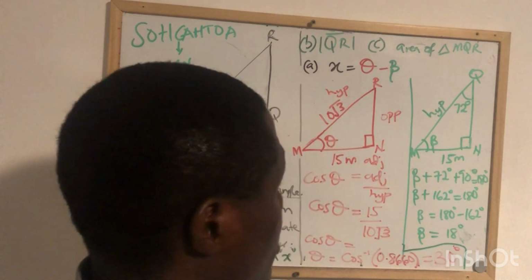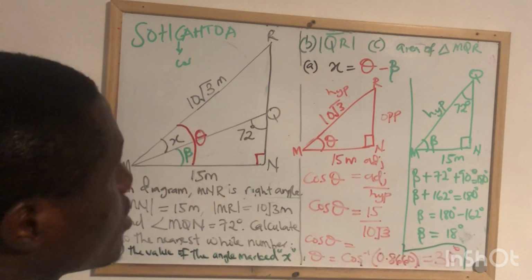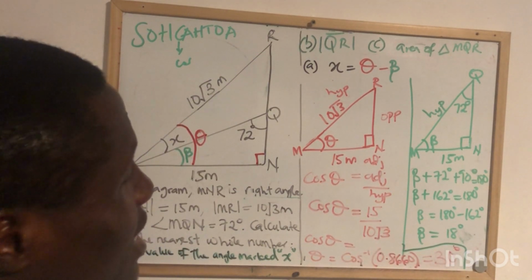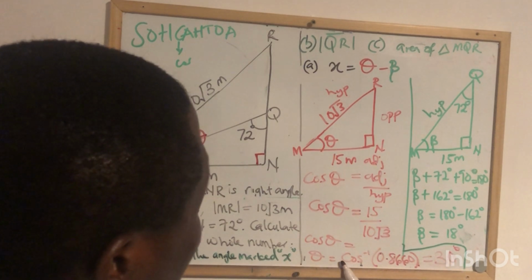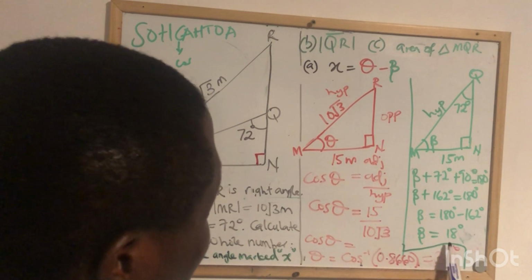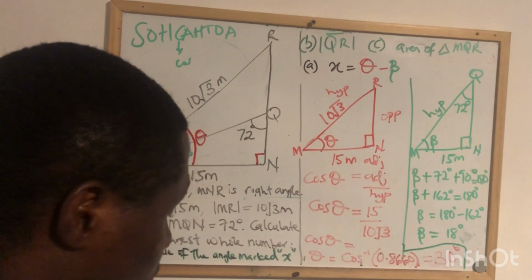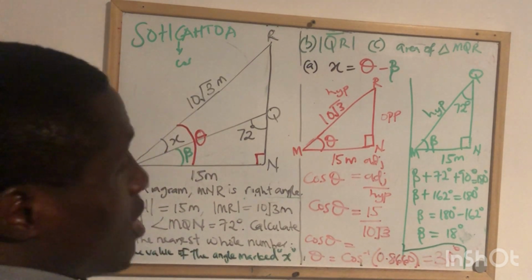Since we have gotten these two angles, the first angle theta is 30 degrees and the second angle is 18 degrees, what we just need to do is go back to this.